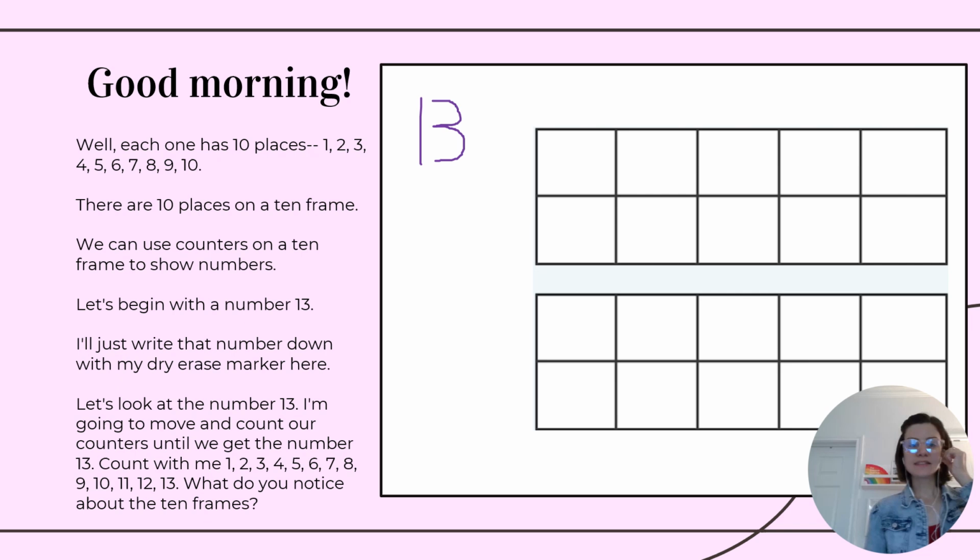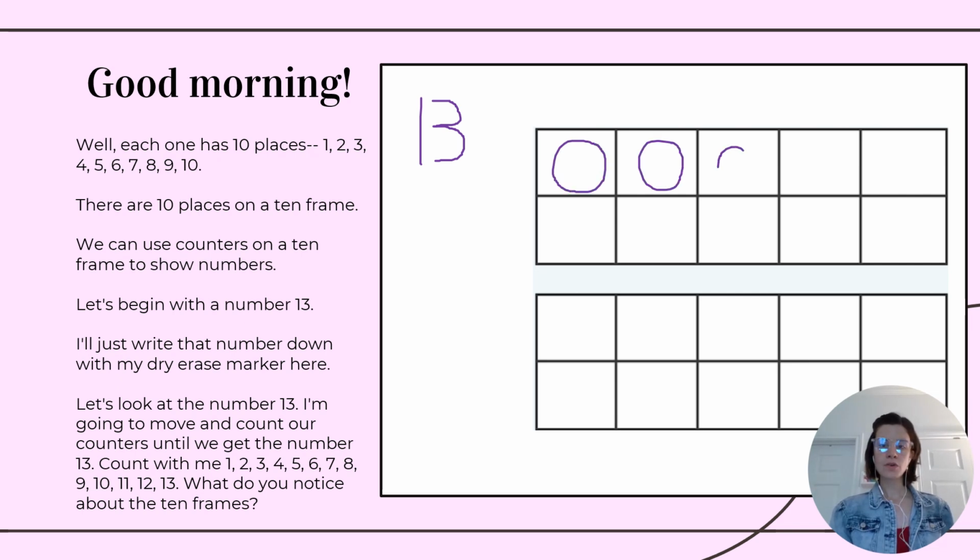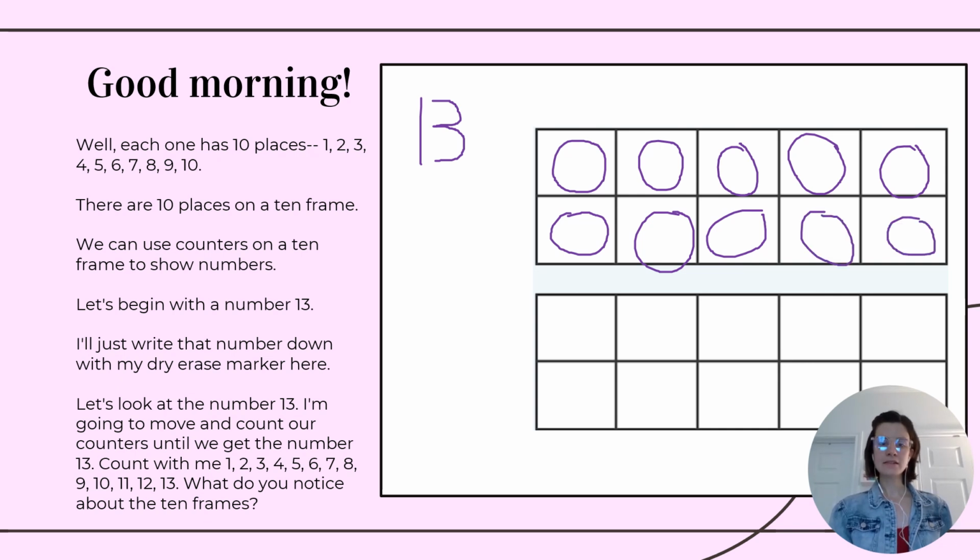Okay, and let's look at the number 13. I'm going to draw and count our counters until we get to the number 13. Okay, so let's do that now. Ready? 1, 2, 3, 4, 5, 6, 7, 8, 9, 10, 11, 12, 13.